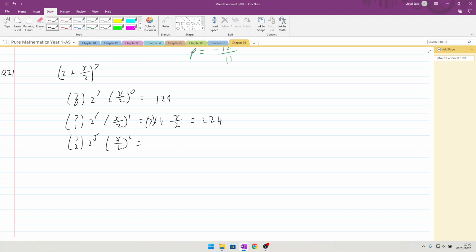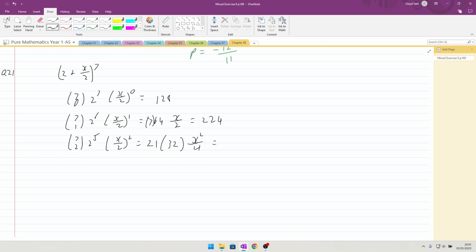224, and then 7C2 gives us 21 times 2 to the power 5, which is 32, times x squared over 4, because 2 times 2 is 4.